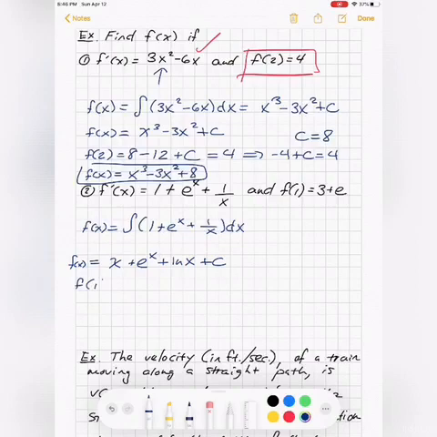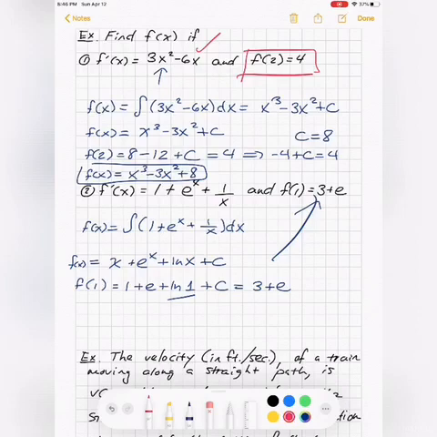Okay, now let me plug in the 1. And that has to be equal to 3 plus e. Okay, let me see here. What is ln of 1? That's 0. E to the 0 is 1.